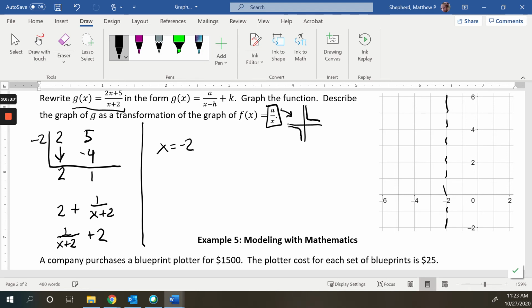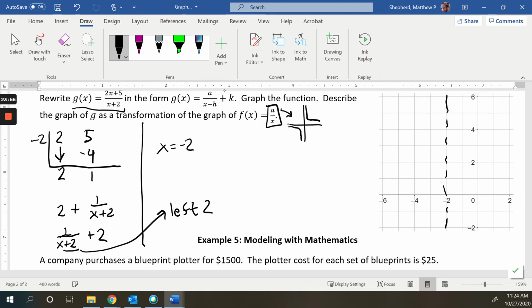Now notice what that did. The asymptote used to be at 0 and now it's to the left 2 places. That plus 2 right there, what that did is that moved things to the left 2 places.